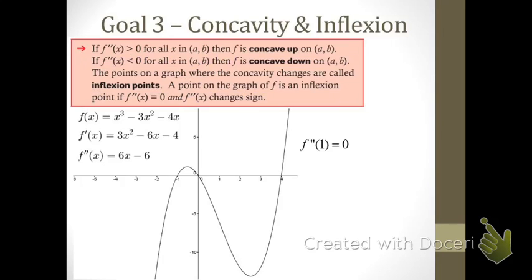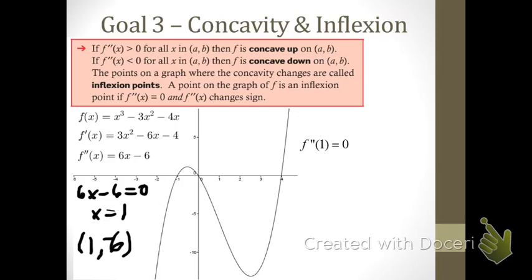Okay, first thing I want to point out to you is that the point where the second derivative is equal to 0 is when x is equal to 1. And of course, the way you find that is simply you set the second derivative equal to 0. And you can see that the second derivative is equal to 0 when x is equal to 1. All right, and so what that tells me is that at the point when x equals 1, now if I plug in 1 into the original function f of x, I get 1 minus 3 minus 4, so negative 2, I get negative 6.